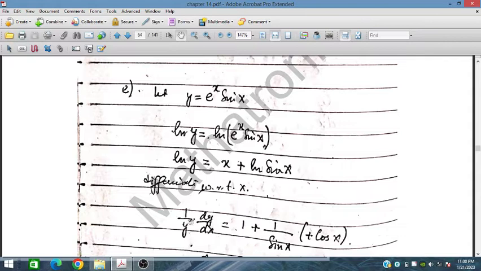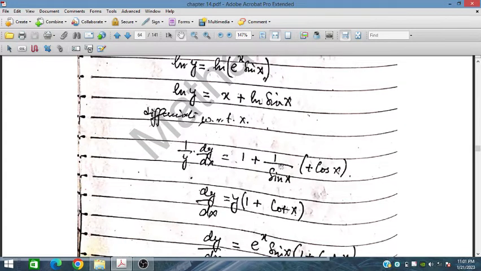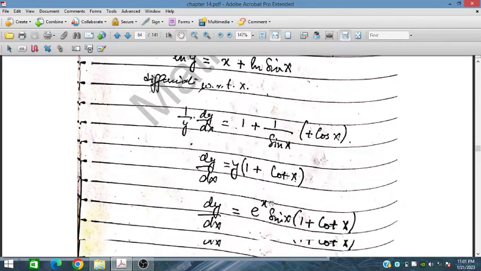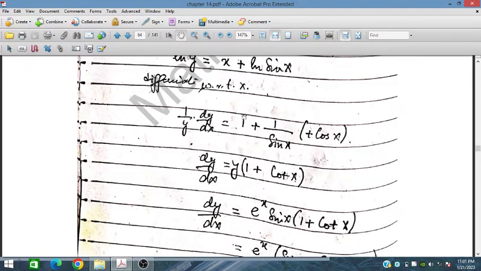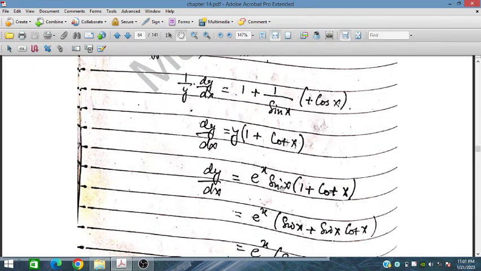By differentiating on this side, this is 1 over y and dy by dx, this x gives 1, and this is ln sin x, and then differentiating this sin x we get cos x. So this cos x upon sin x is basically cot x, giving 1 plus cot x, and this y will multiply here, and dy by dx is this, and in place of y we will write e power x sin x.